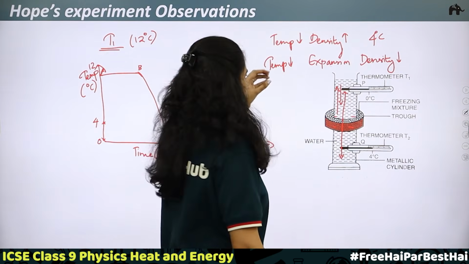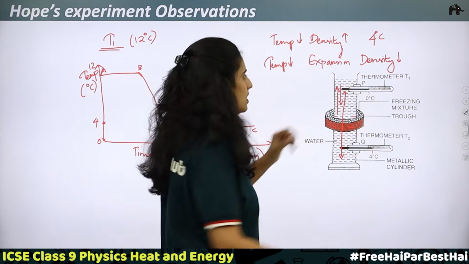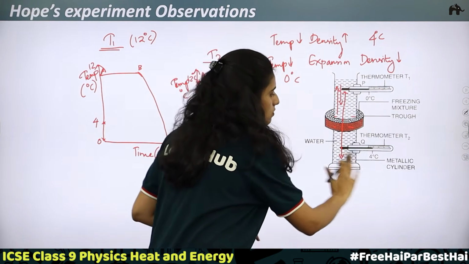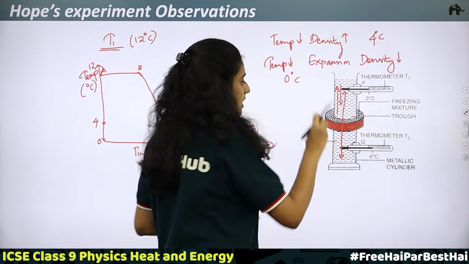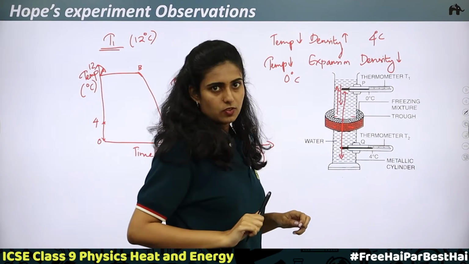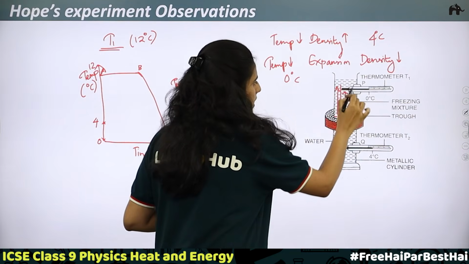Here the temperature is decreasing, till 0 degrees Celsius this can happen. Now here it is 4 degrees Celsius. There is not going to be any change because we know that the maximum density is at 4 degrees Celsius. Maximum density once obtained at 4 degrees Celsius, there won't be any change. Here it has risen.